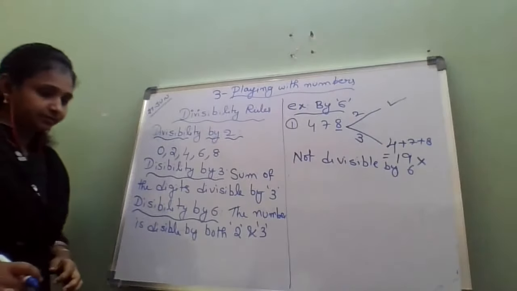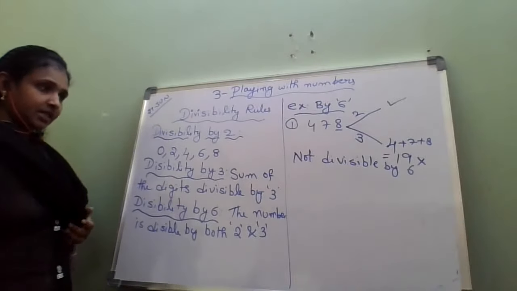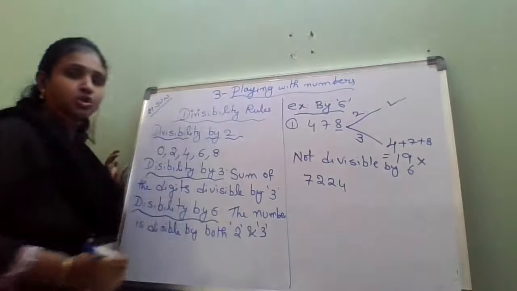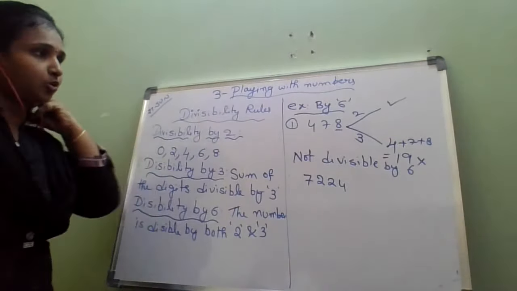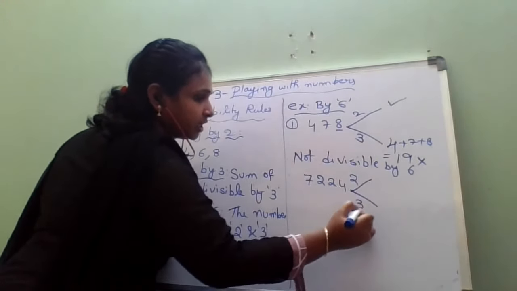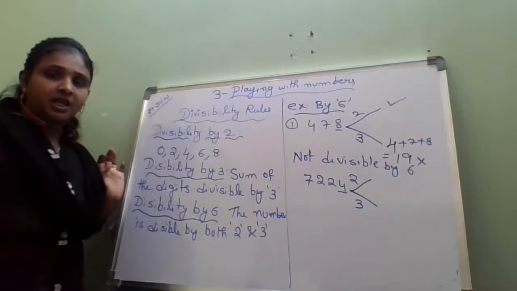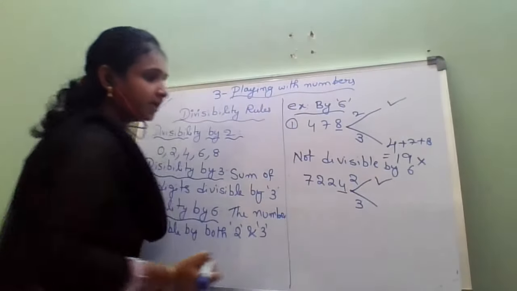Now let's take one number, 7224. Check whether this number is divisible by 2 and 3. Divisible by 2 means checking the ones place. What is the value in the ones place? 4. So this number is divisible by 2.